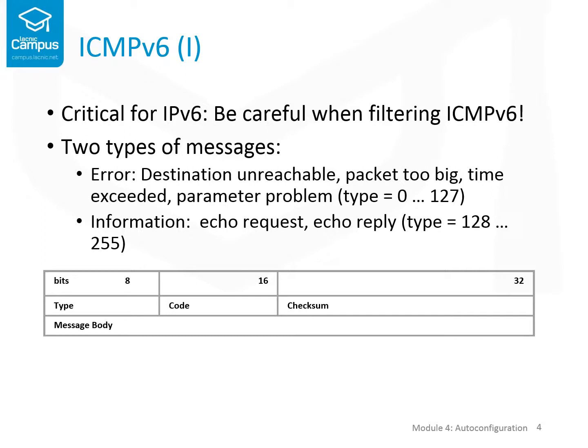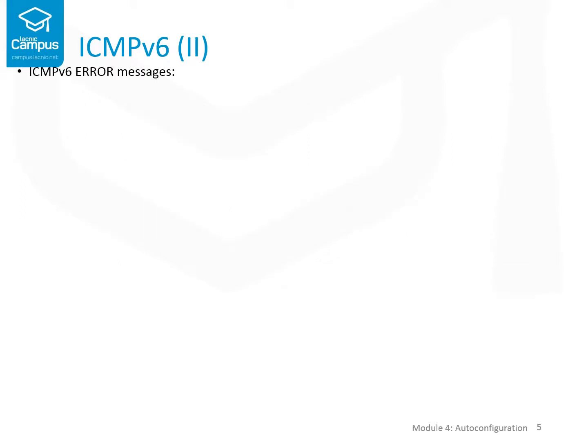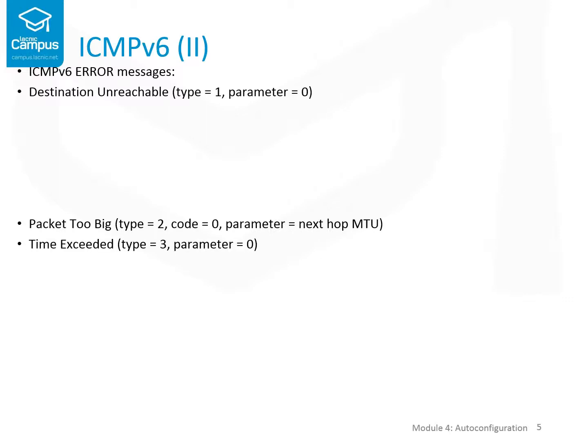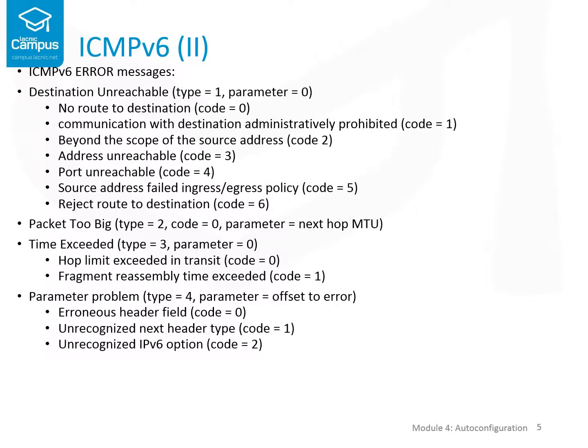There's also a 16-bit checksum field. These are followed by the rest of the message. There are 4 types of ICMP-v6 error messages: destination unreachable, packet too big, time exceeded, and parameter problem. The code specifies the cause of the error, which can be quite useful when troubleshooting.